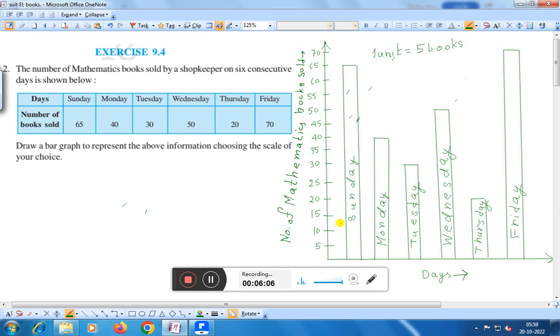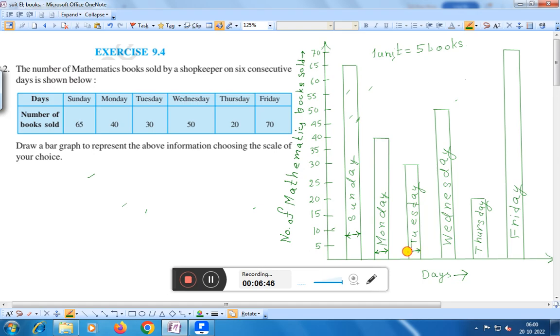What you have to remember is that the width of all the bars should be the same. Not only that, all the gaps between the bars should also have the same width. This is very important.